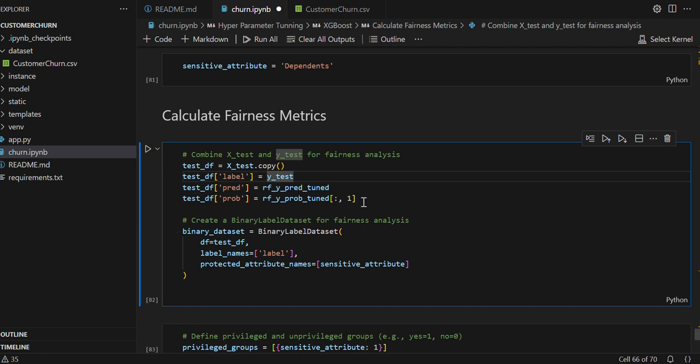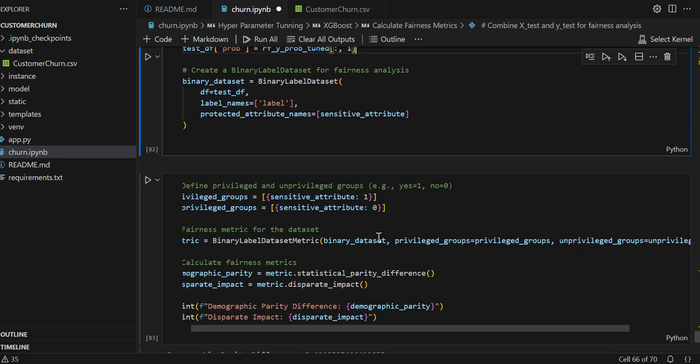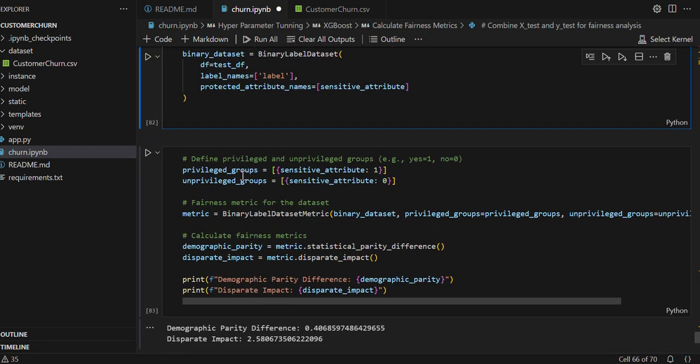So we're telling fairness metrics to evaluate how fair this is in terms of the real answers and the predicted answers. In the predicted answer we have two classes, churn and not churn. Scroll down. One of the classes is privileged and the other unprivileged, and we are looking at which one is privileged and which is not.